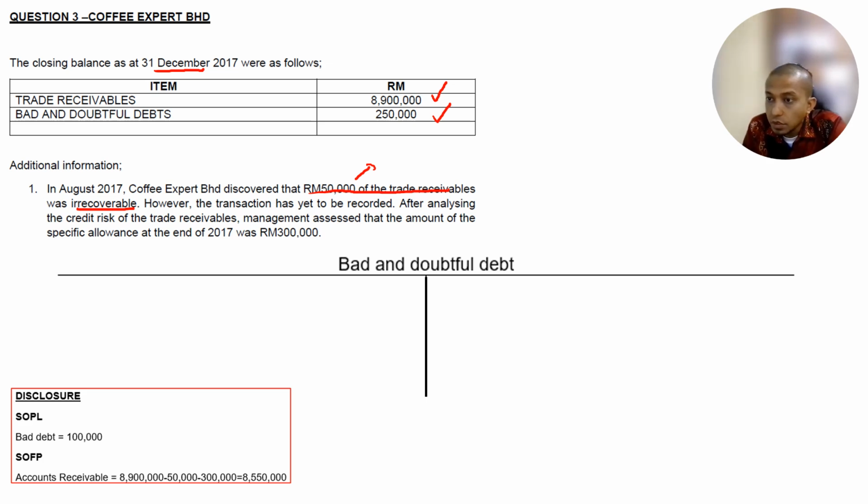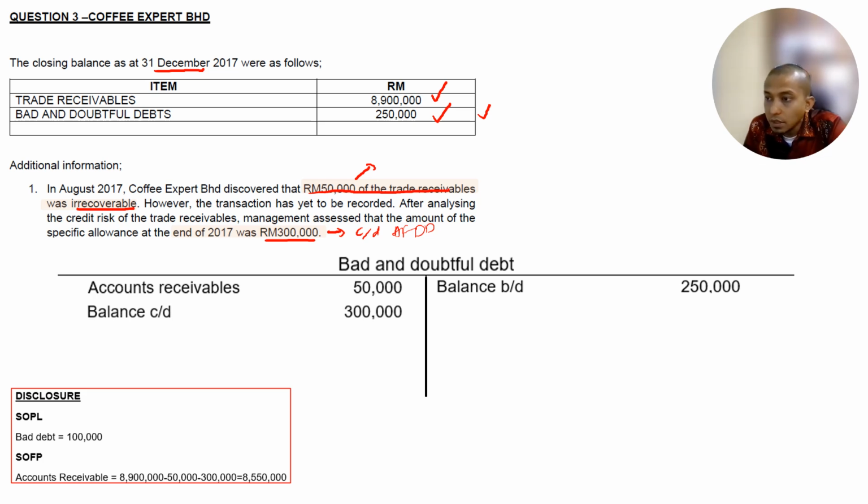So the question also gives us that after analyzing the credit risk of trade receivable, management assesses the amount of the specific allowance at the end of 2017 at 300,000. Similar comment, this one is CD to the allowance for doubtful debt. So we just take the figure beginning balance 250,000 here, normal balance, debit balance. We put the one that cannot be collected, 50,000, here, and then we put the specific CD of allowance for doubtful debt.